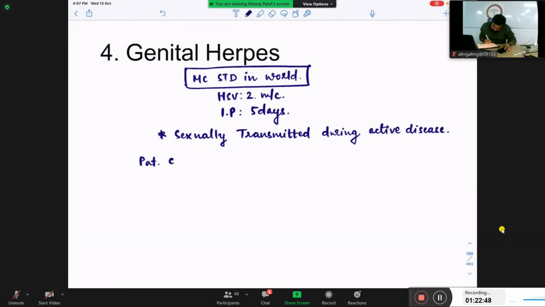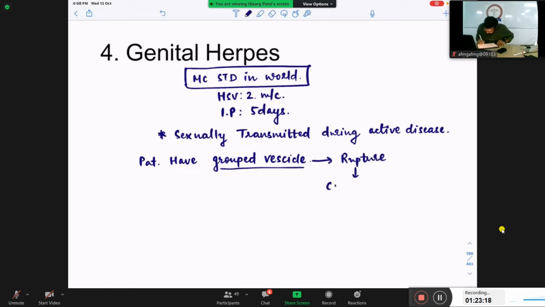The patient will have grouped vesicles. So in the genital area, if the person has fluid-filled vesicles, because of the friction, what will happen? This vesicle will rupture, right? And these grouped vesicles will get ruptured, causing multiple ulcers.